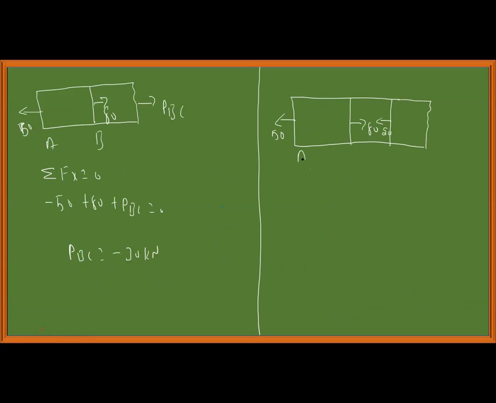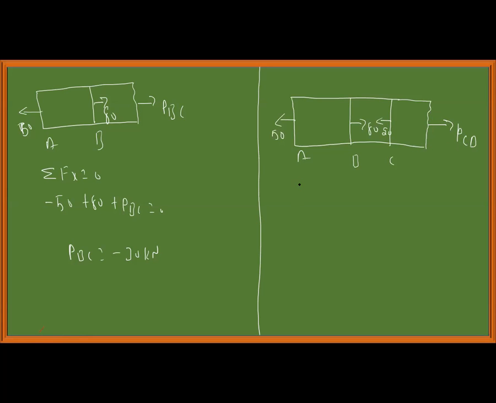A, B, C. This is P CD. The internal resistance force acting away from the cross section is positive. This is the convention we have assumed. P CD acting away from this cross section is assumed to be positive.